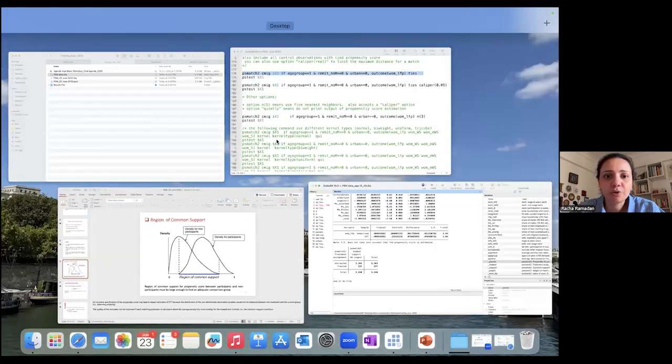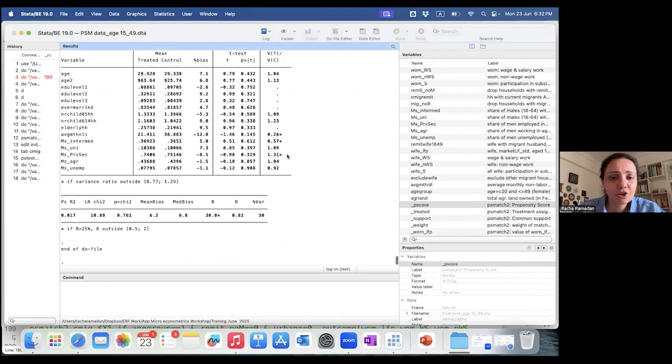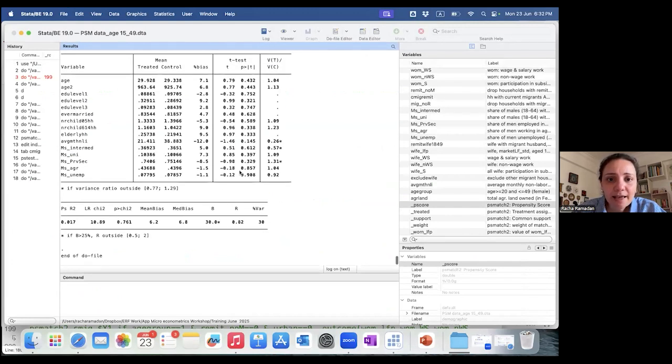So I will return back to here, and I will run the t-test for the significance of the variables I included in my regression. And here I can see from all the p-values that we are doing a good job in matching. There is no significant difference between the mean values of all our variables between the treated and the control group.